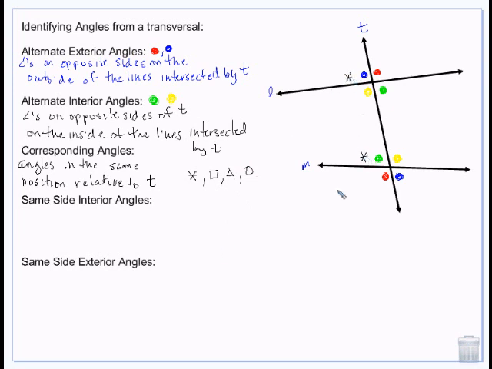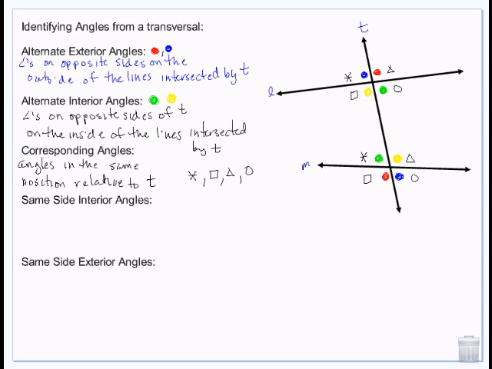These are corresponding angles because they're in the same position. If you had like a four square, they're in the same square. Does that make sense? These are corresponding. These are corresponding. And these are corresponding. So like I said, if this was a four square, the angles that are in the same position of the two four squares are called corresponding.